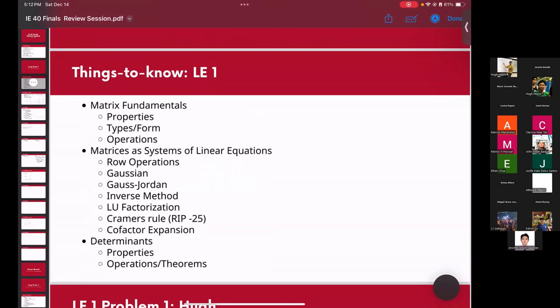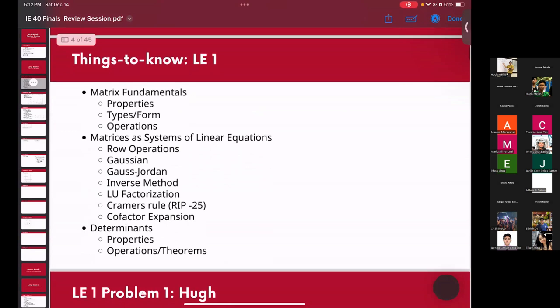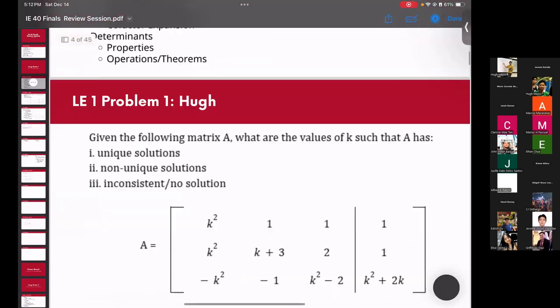Just fundamentals of matrices, matrices as systems of linear equations and how to solve them, and then determinants and related operations to that. We'll send a copy of this after the session, so don't worry. You don't have to screenshot, or if you prefer to screenshot it, I don't mind.